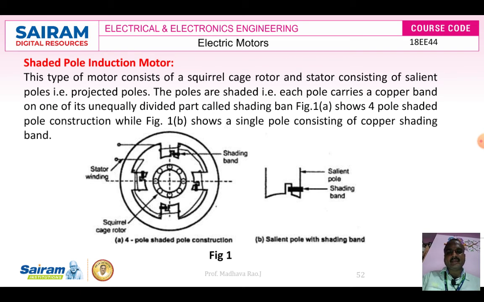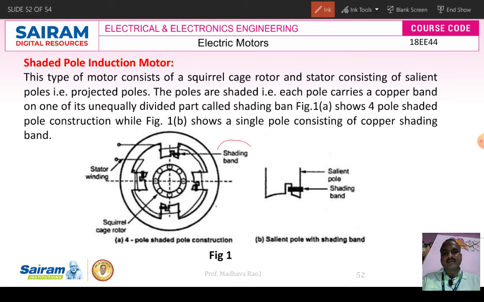You can see this in figure A and figure B. Here are the shading band, starting winding and squirrel cage type rotor. In figure B we can clearly observe the shading band. This consists of a projected pole type stator.